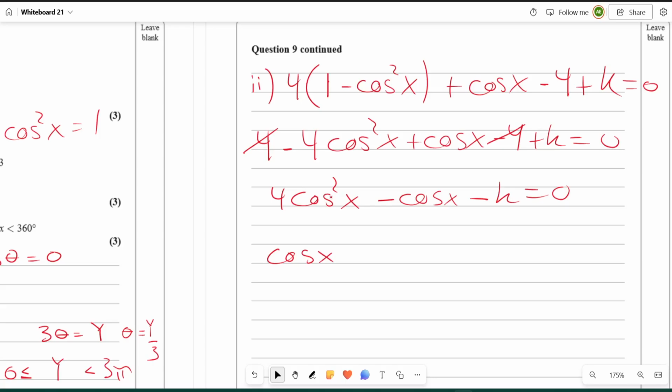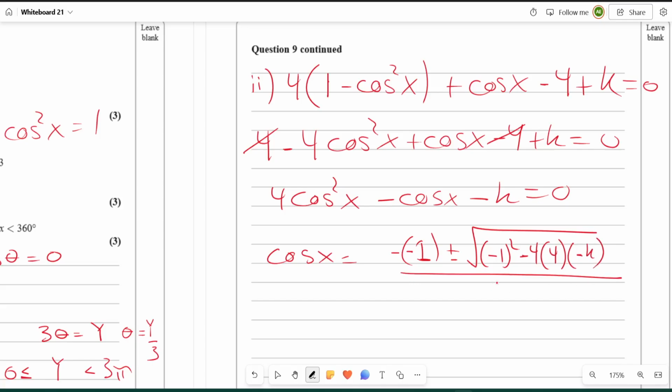So I'm going to do minus b, so minus -1, plus or minus square root of b squared, so -1 squared. Why -1? Because the term that's multiplying the cosine x is -1. The -4 times a is basically 4 times c, which is minus k, all over 2 times 4.